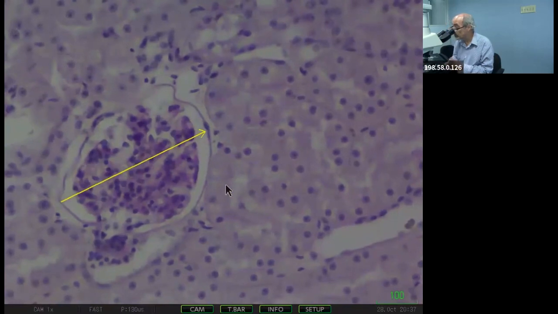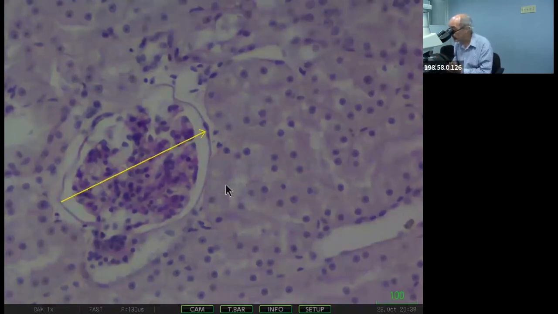So it will be simple squamous in the external layer of the Bowman's capsule of the glomerulus.